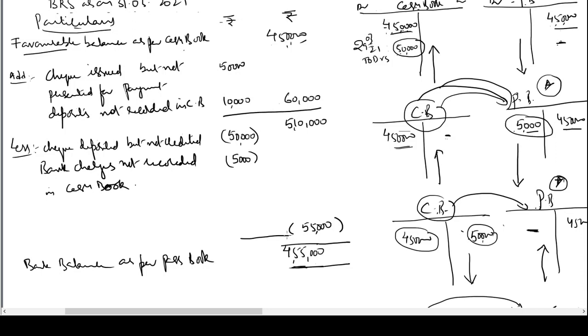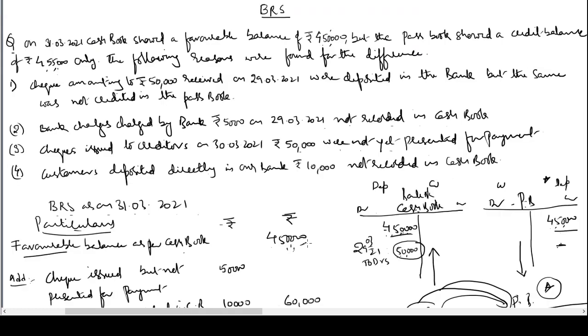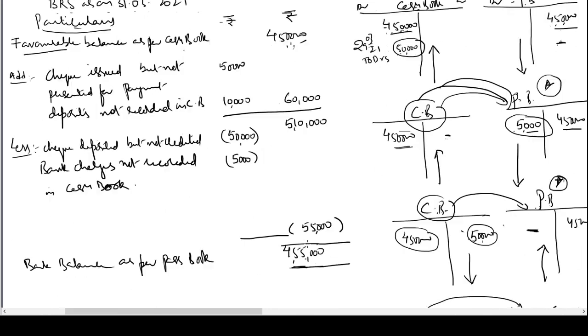So we have been able to reconcile the cash book balance with the passbook balance. If you see earlier, the question said that on 31st March 21, the cash book showed a favorable balance of 4,50,000, but the passbook showed a credit balance of 4,55,000 only. The following reasons were found for the difference. So we have now made the cash book balance equal to the passbook balance.